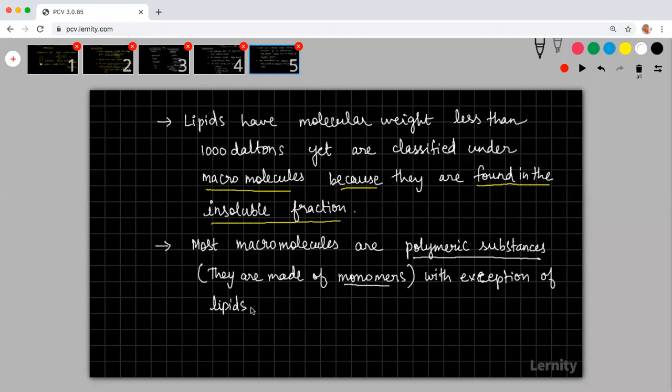Whenever something is present in a bigger size, it takes time to dissolve. The polymeric substances in some way become resistant to the effect of becoming a soluble substance.